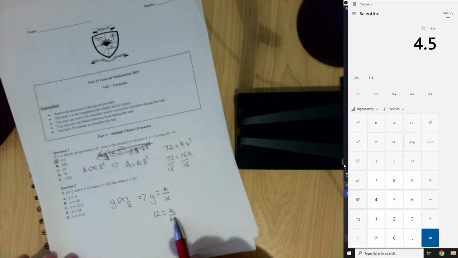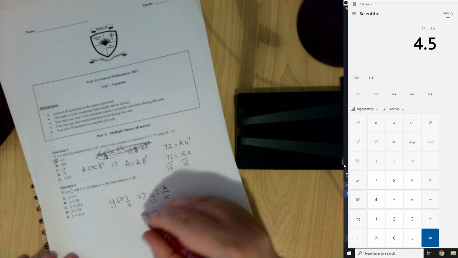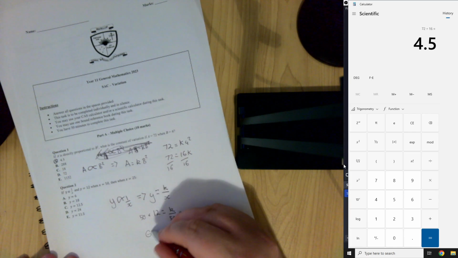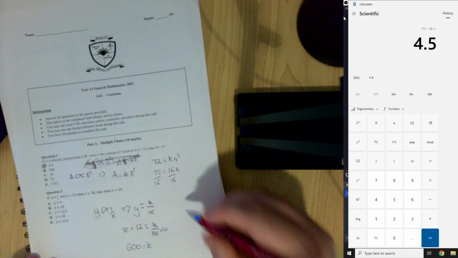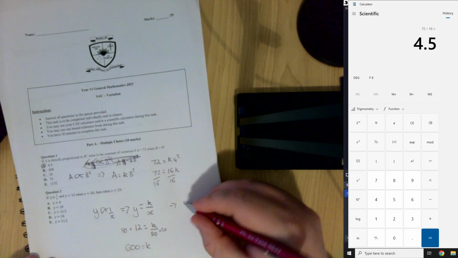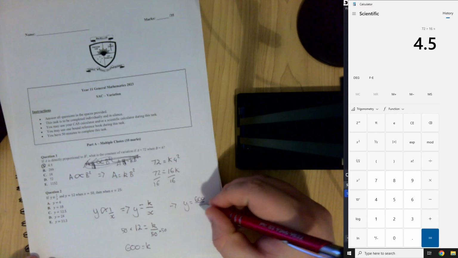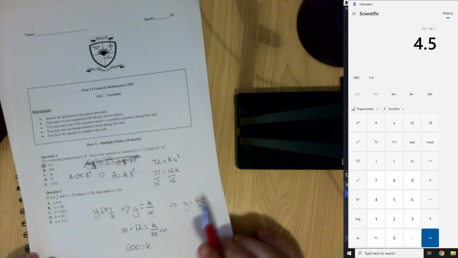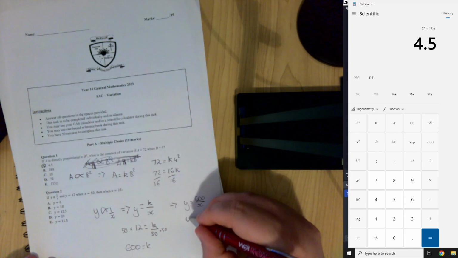So to find k, we multiply both sides by 50. That'll give us 600 is equal to k, which means I can rewrite this equation at the top here as y equals 600 over x. So I say when x equals 25, what's y?